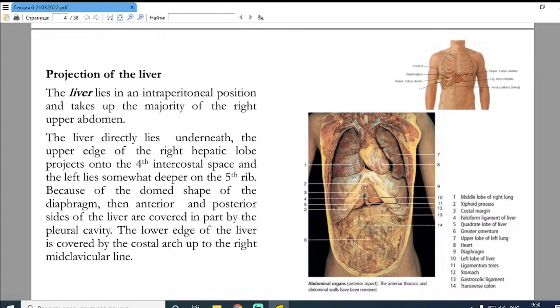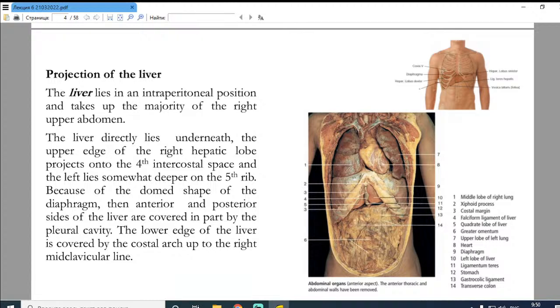Projection of the liver. The liver lies in the intraperitoneal position and takes up the majority of the right upper abdomen.